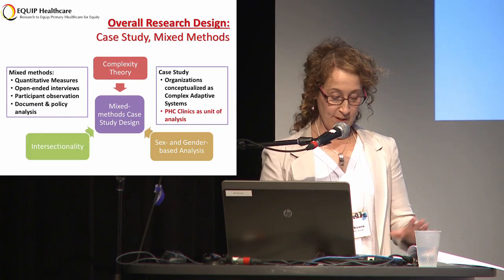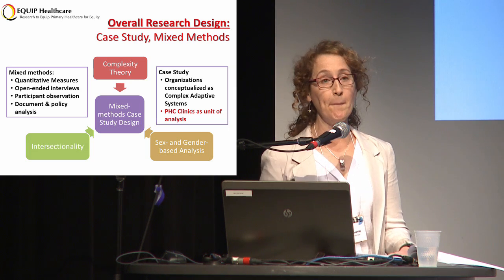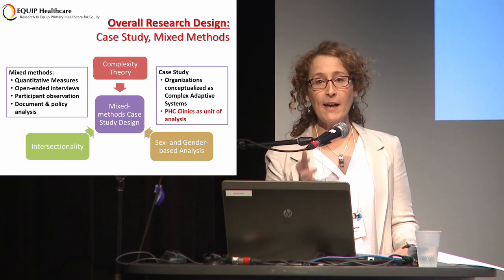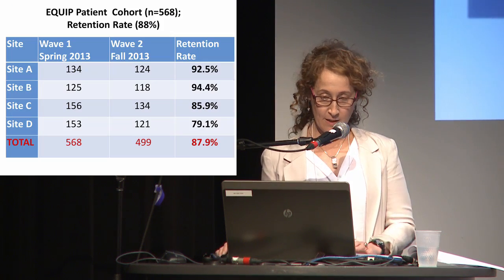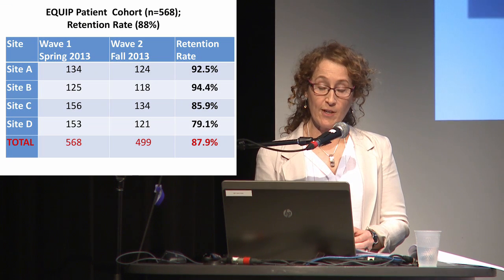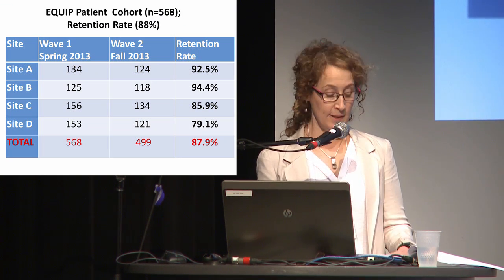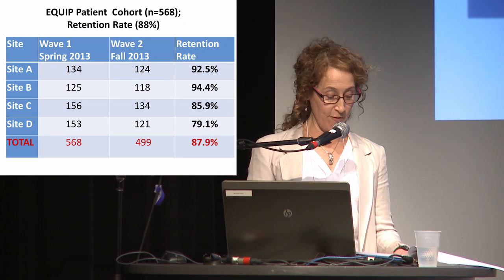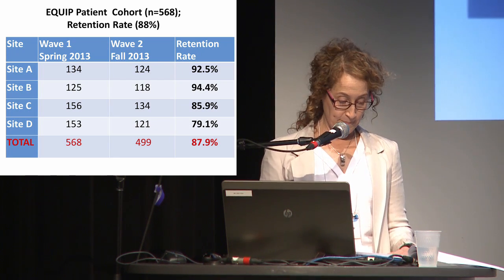And very briefly, this is a glimpse into our overall research design, which is using a mixed methods case study design with the primary healthcare clinics as the unit of analysis. And we've sampled 568 patients from across the 4 clinics who we are following as a cohort for 4 data points over 2.5 years, and we've collected 2 waves of data to date.